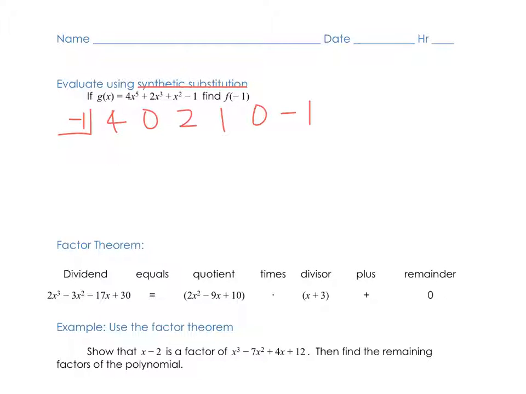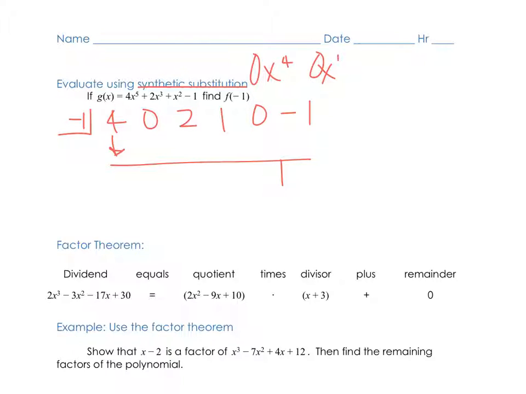I had to put those zeros in there as placeholders because I was missing an x to the fourth and I was missing an x to the first in our function. So make sure you don't forget those.